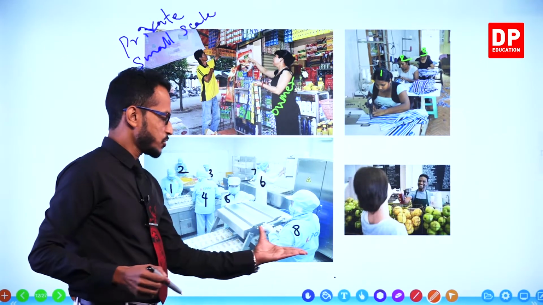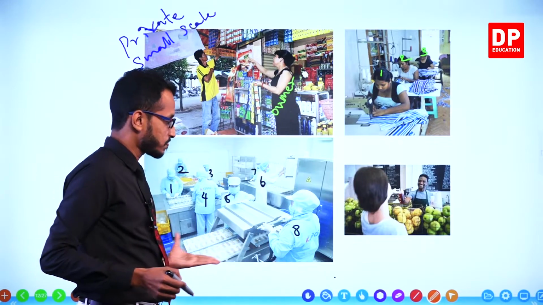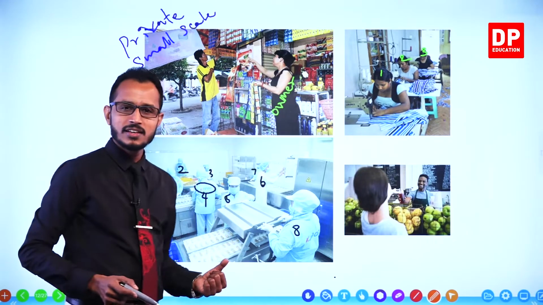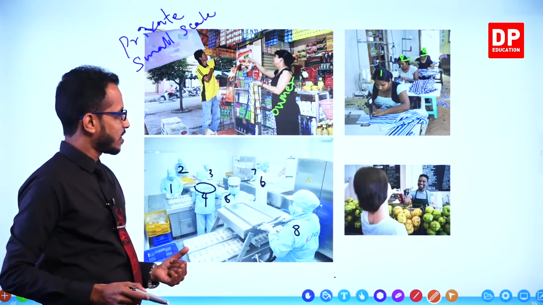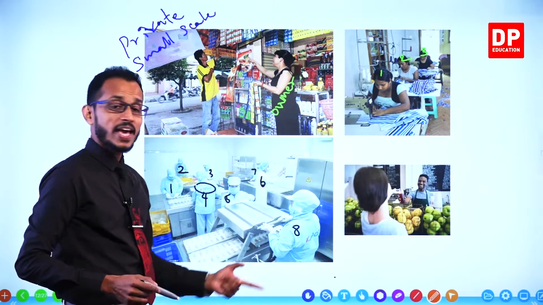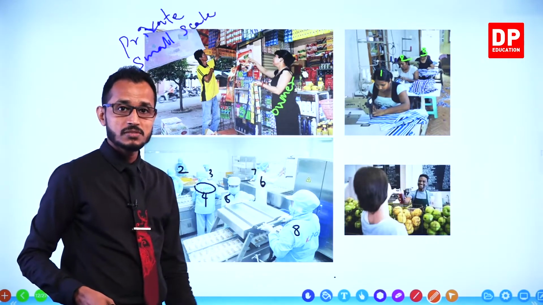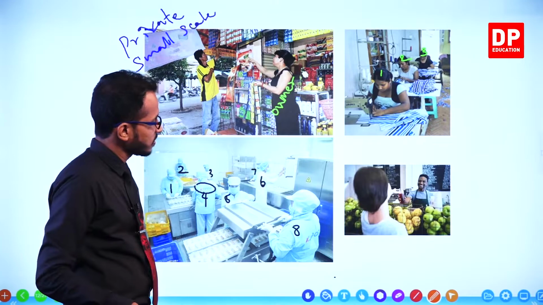To which category should you put this business? The business name is V Food. How many employees? 8. So definitely it's a small scale business, less than 25. And again, one owner business.